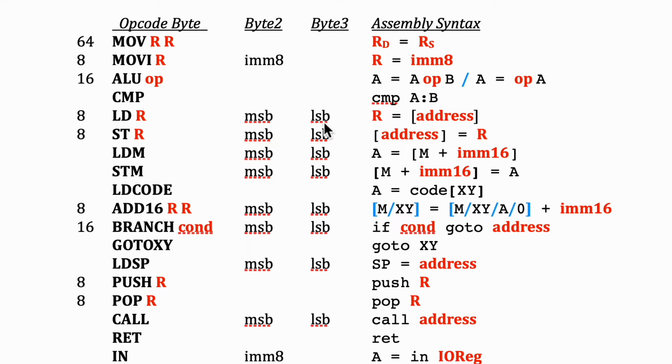And that 16-bit value is the absolute address, that is the location in memory from which to get an 8-bit value, which is then placed into the register. In the assembly code, we use brackets to show that we are going to memory. So any of the instructions that go to memory use the brackets.